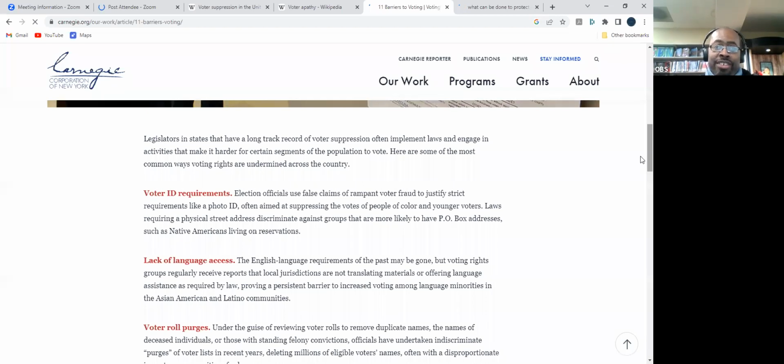This was very much evident when Joe Biden was elected the 46th president of the United States. After that, you had a lot of false claims that the election was stolen. And then a whole lot of states across the country decided that they wanted to tweak some of their election laws.